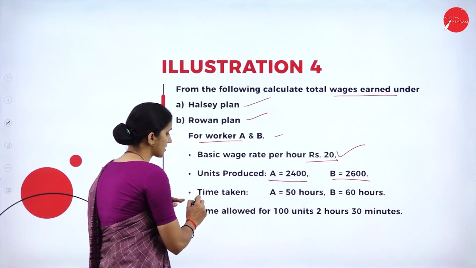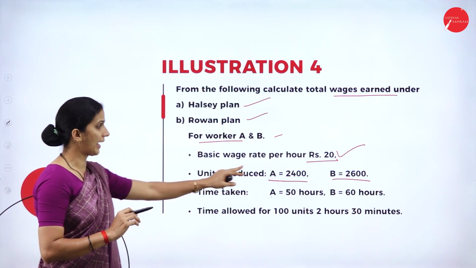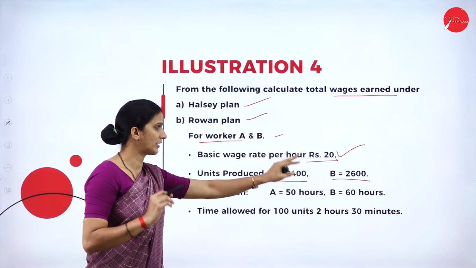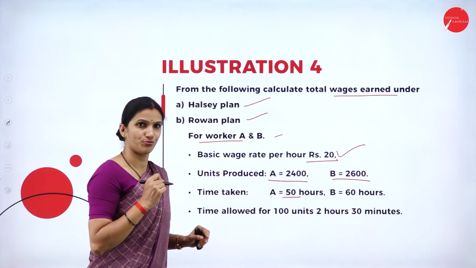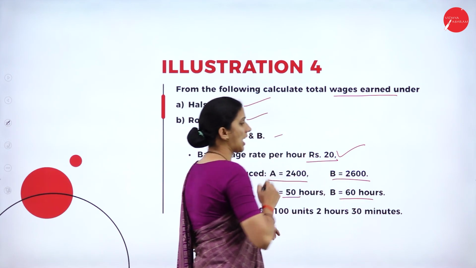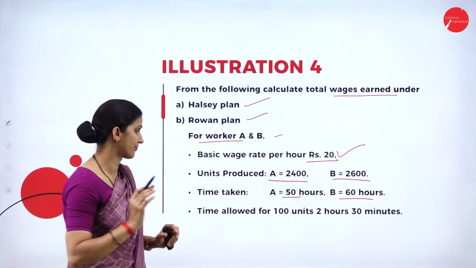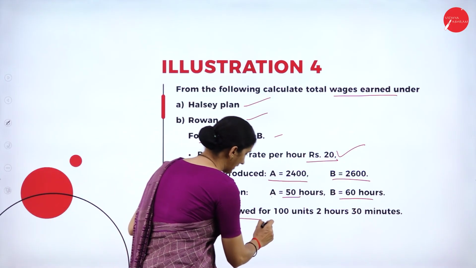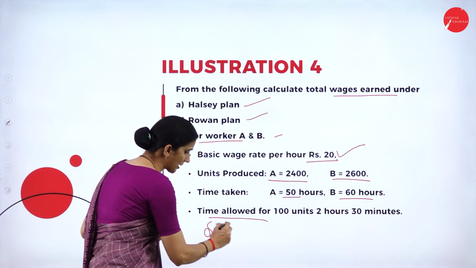And then see what is the time taken for the production of those units. For A, for the production of 2400 units, he has taken 50 hours of work, and for B he has taken 60 hours to produce a total of 2600 units. And then see the time allowed. The time allowed is nothing but your standard time given.